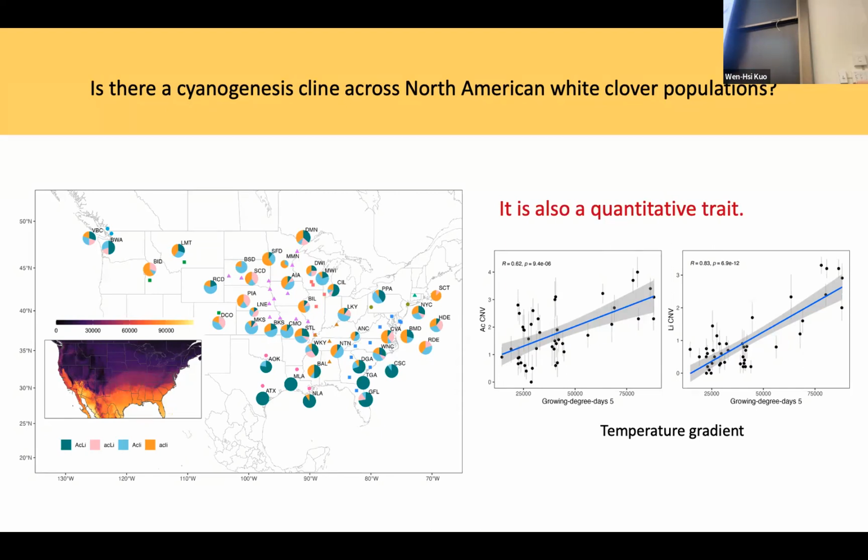So we can see they are mainly restricted to the very southern populations. And we find it is also quantitative. In a warmer temperature, there are more AC and LI gene copies. So yes, it is consistent with the previous finding for the cyanogenesis cline.